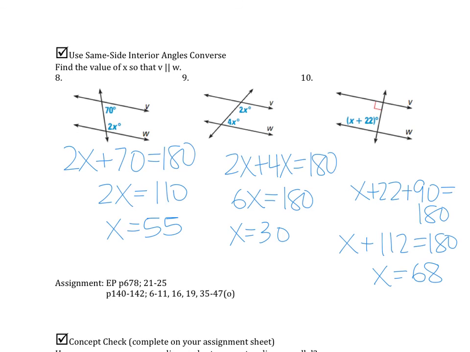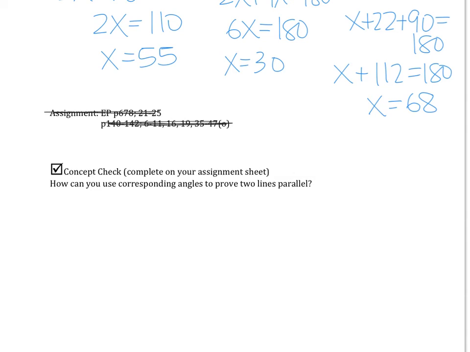Okay, recall that our assignment has been modified. And our concept check: how can you use corresponding angles to prove 2 lines parallel? Corresponding angles are congruent.